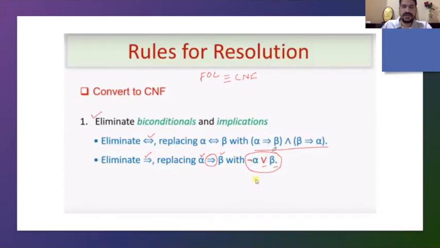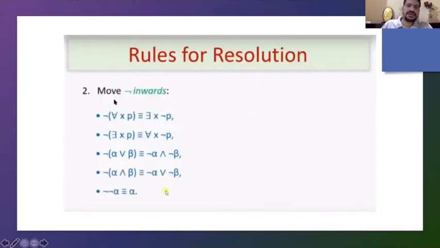Now come to the second rule. The second rule is move negation inwards. Whenever we get some sentences or clauses with the negation symbol outside the clause, we have to put it inside the clause. So this is one example where there is a universal quantifier.